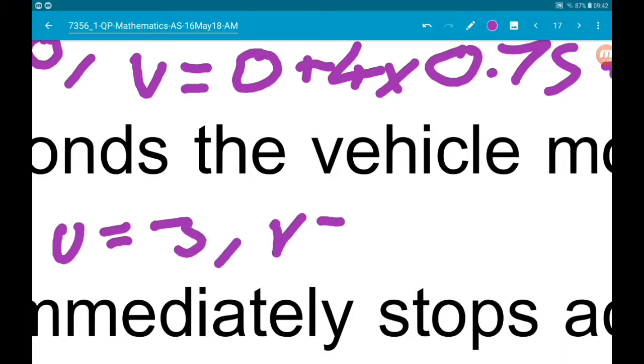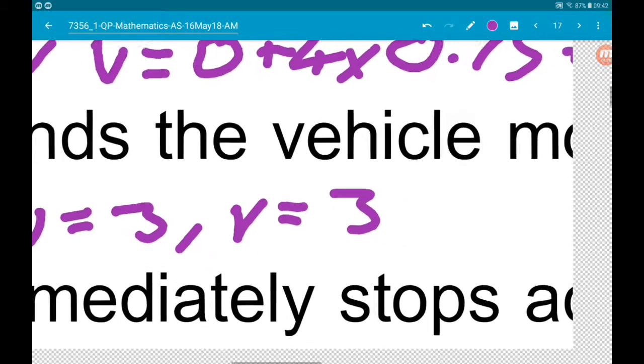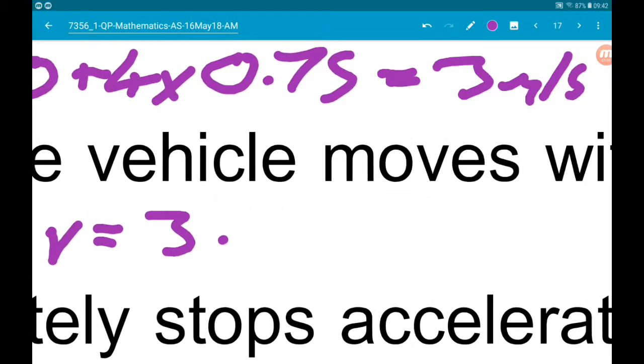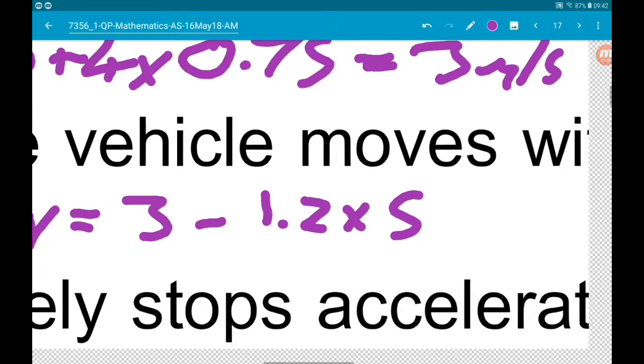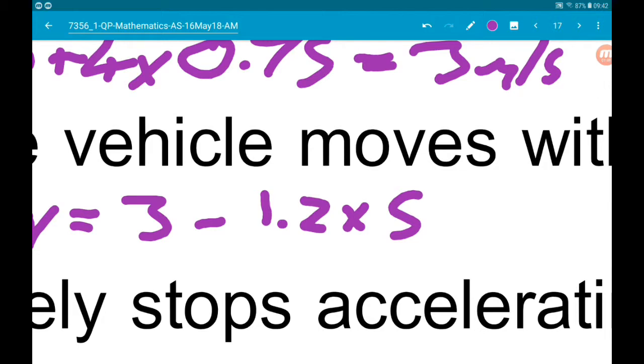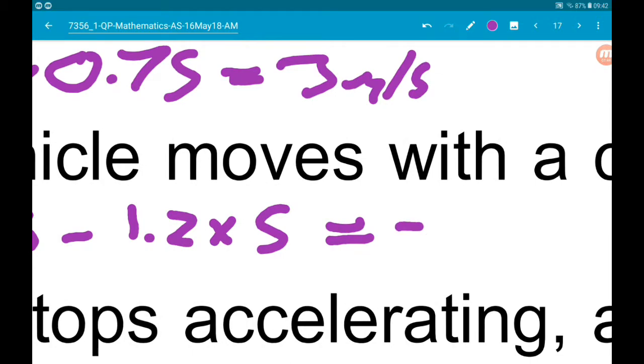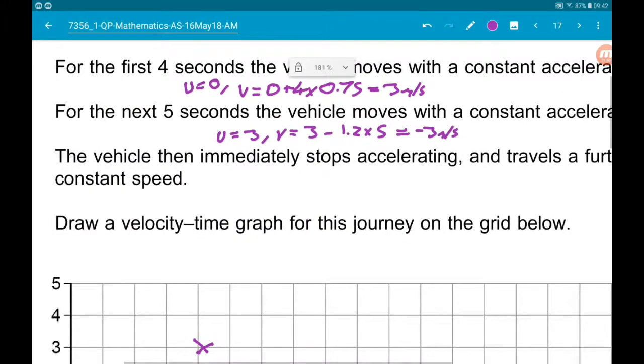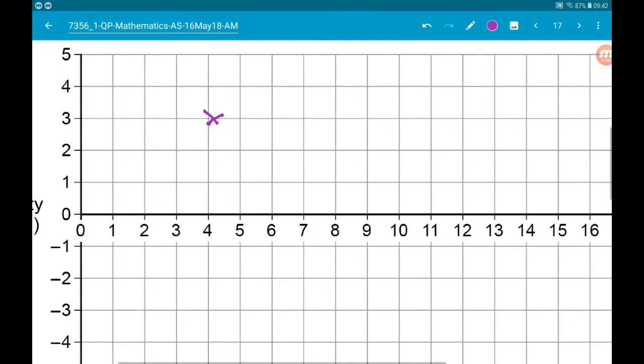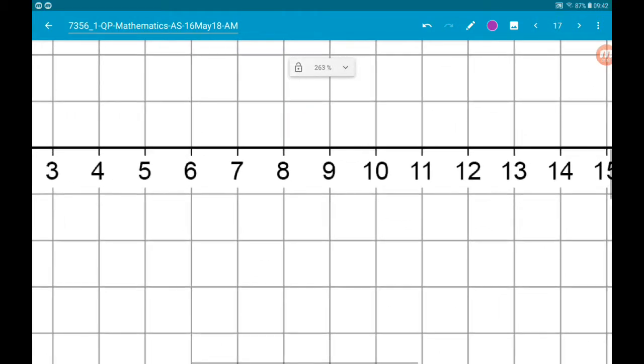So v is 3 minus 1.2 times 5, which is 3 minus 6. So that's going to be minus 3 meters per second. So the next point we need to plot is 5 seconds later. So that's 9 seconds, and then minus 3.